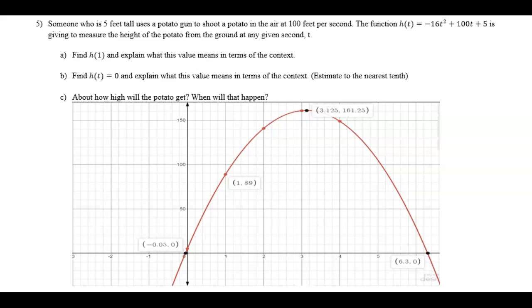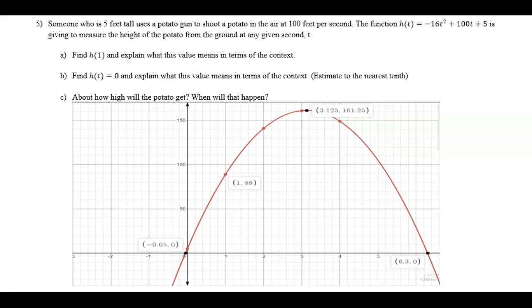Okay, so first of all, they want us to find h of 1 and explain what this value means in terms of the context. Remember, h is the height of the potato from the ground, and t is the time in seconds.